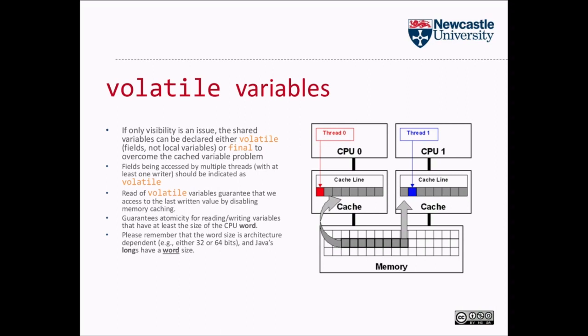So if you have a 64 architecture, you could also do operations either on floats or on doubles or on longs, which are either 32 or 64 size. But if you have a 32 architecture and you're trying to update a long, then you'd require 2 ticks of the clock to fully update the variable.